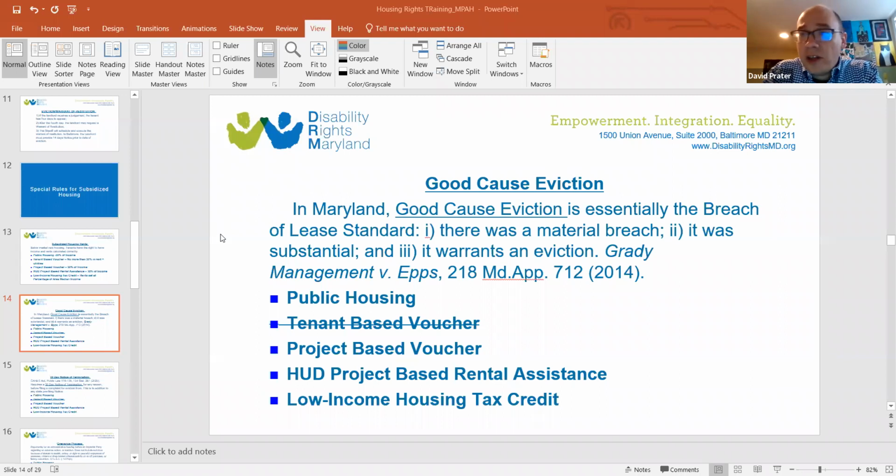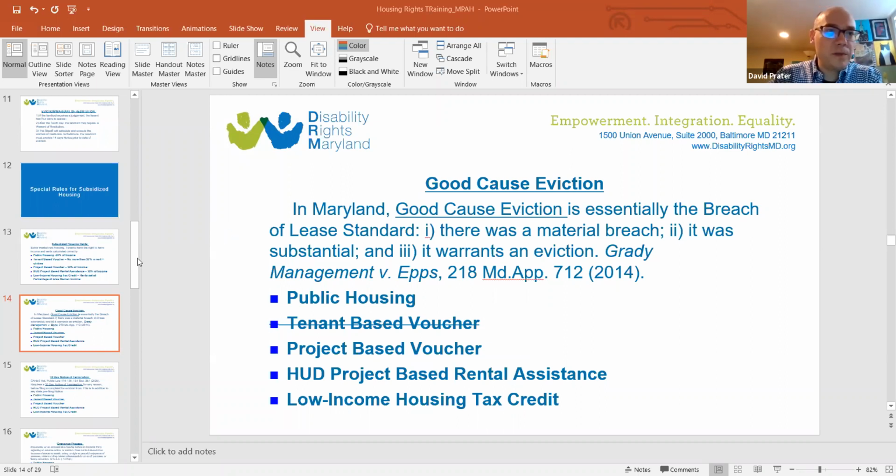So another right that residents in subsidized housing have is called the good cause provision. And what good cause means is that landlords can't just decide to end your lease, right?